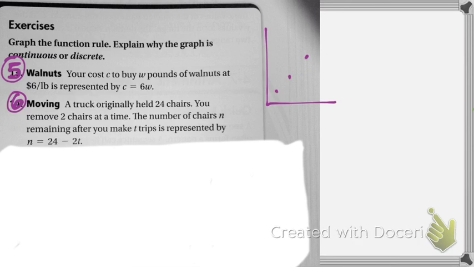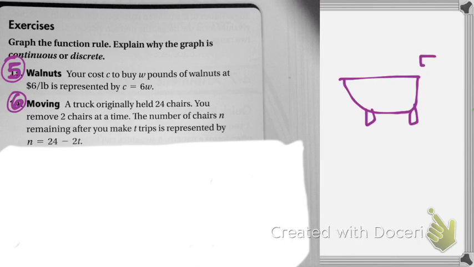So to put that into perspective, for continuous, I want you to think of a bathtub. It's got the little faucet that's making some water go into it. The water is continuously flowing into the bathtub. It could have any different amount in it as the water flows into it. So that's continuous.